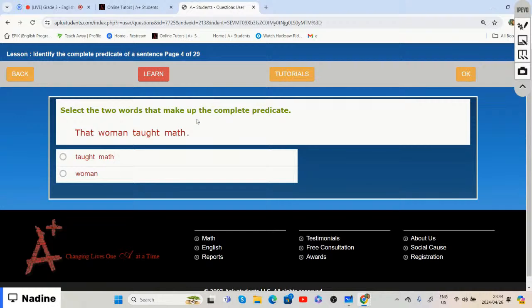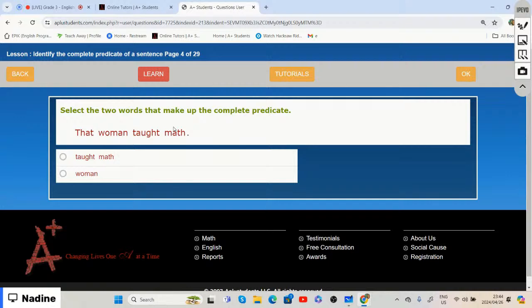We have taught math and we have woman. Two words that we need to identify.